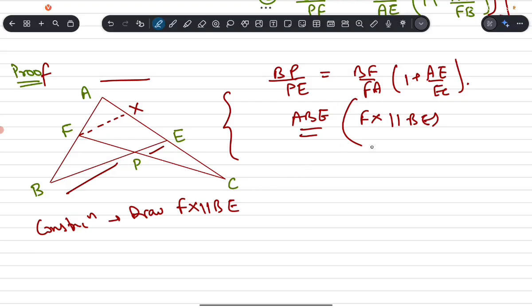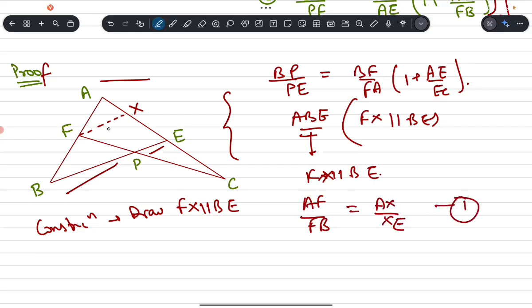Sweet. Now what do we have? In triangle ABE, FX is parallel to BE. Now can I say that AF by FB equals AX by XE? This is the result that comes out of similarity.